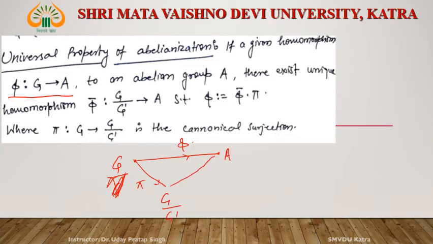Okay, and from G by G prime to A, this is phi bar. It means phi bar of pi is equal to phi. Okay, what is phi bar? Phi bar is G by G prime to A, and what is pi? Pi is the natural homomorphism from G to G by G prime. Okay, this is the universal property of abelianization.